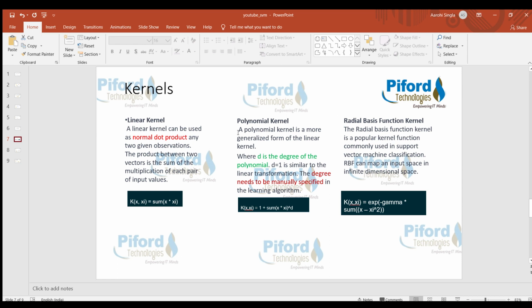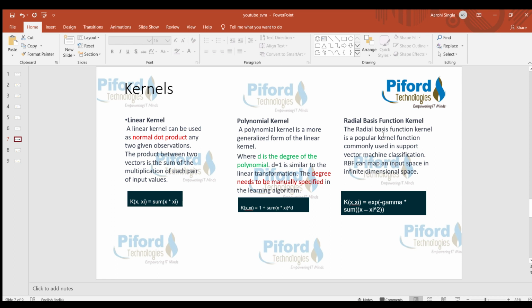If I talk about the polynomial kernel, if you have studied polynomial regression, where we give degrees to our data and then we work, the same logic we are using over here. So the polynomial kernel will work as polynomial regression, and then there is the radial basis function kernel.